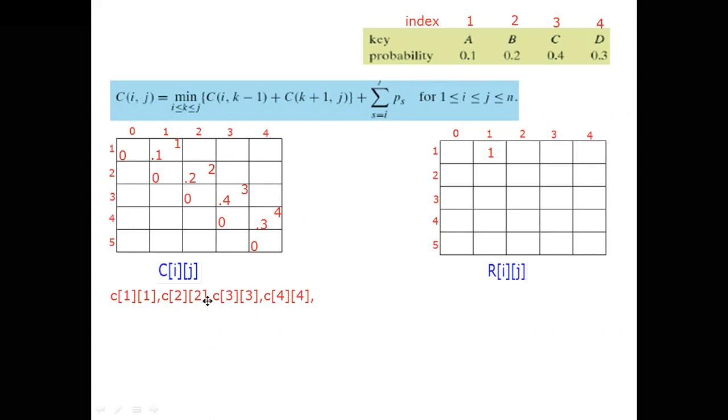We've done the two diagonal values. Now we can go for the third diagonal value. I will draw it. This is the diagonal. Third diagonal, right? It is 1, 2. Next is 2, 3.